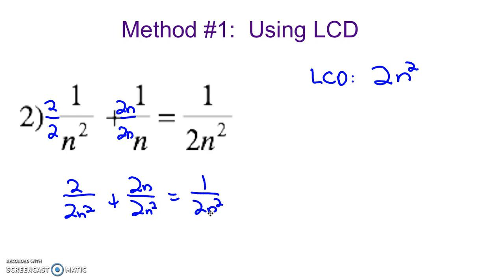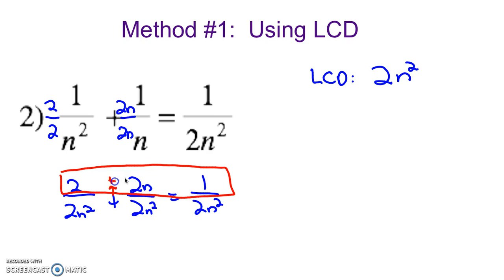So the trick with solving an equation is once all the denominators are the same, the numerators have to follow the number sentence. If the denominators are the same, 2 plus 2n has to equal 1. So once you get the same denominator, you can just use those numerators.